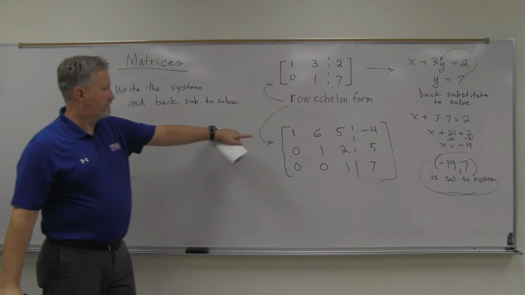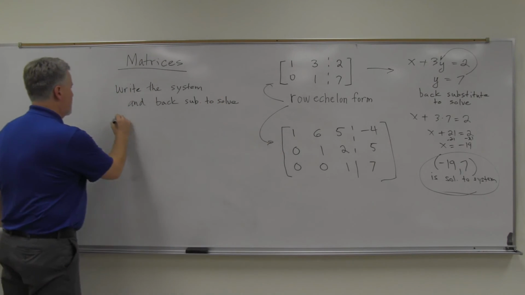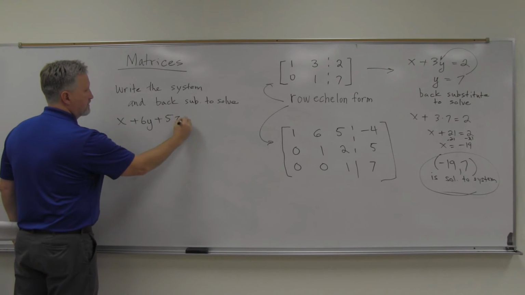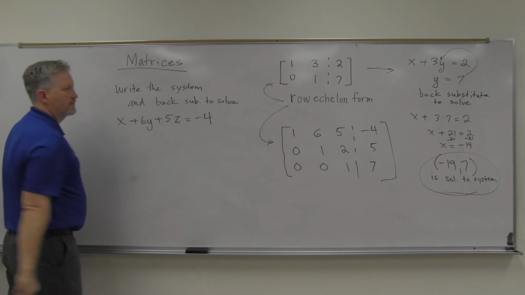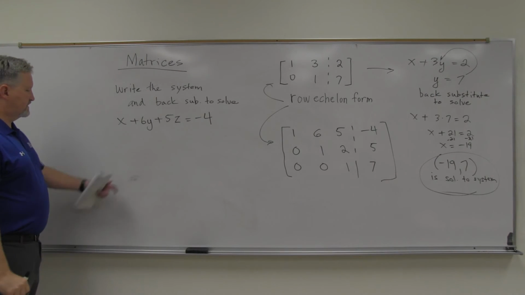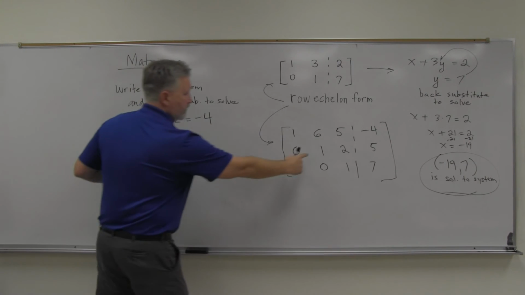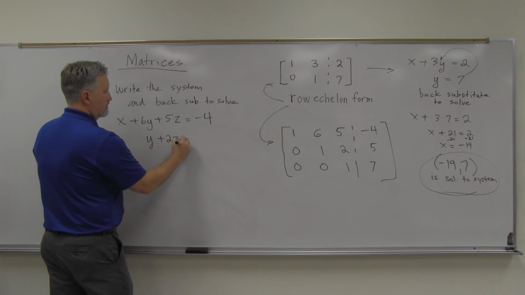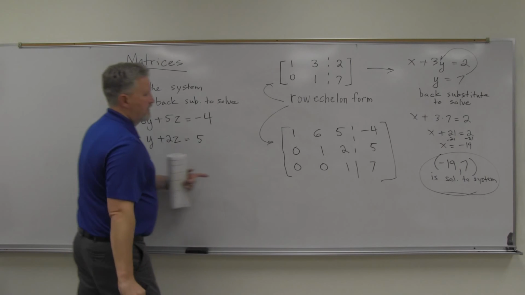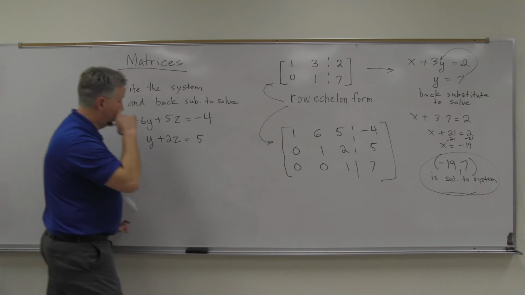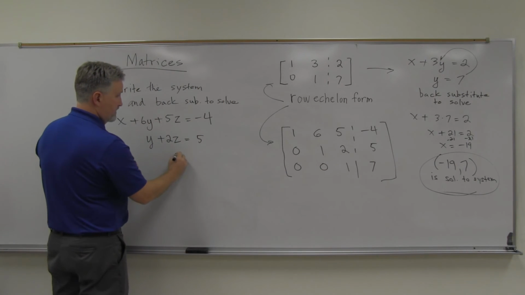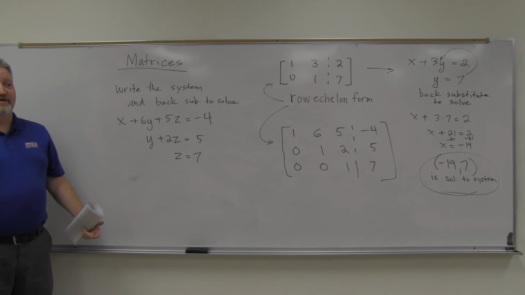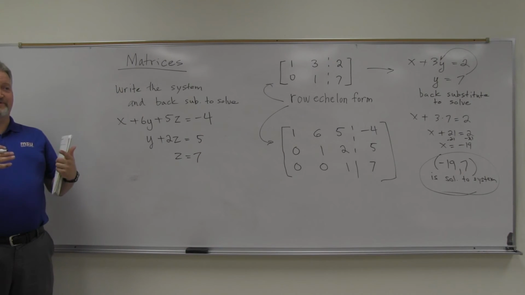So we've got x plus 6y plus 5z equals -4. Then the second one would be y plus 2z equals 5. And then the third one would be, well, the x and y are 0, so it'd just be z equals 7. So we got one of the variables.